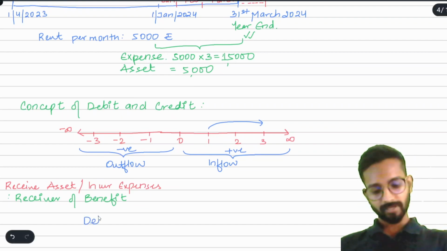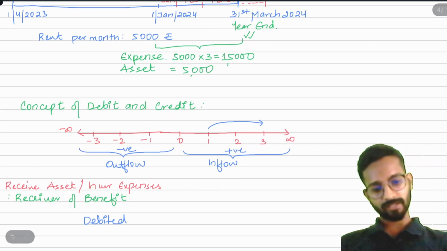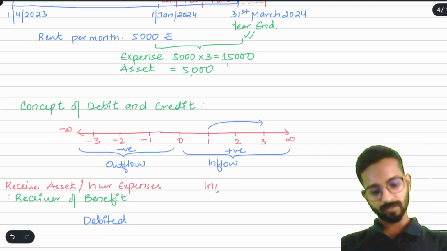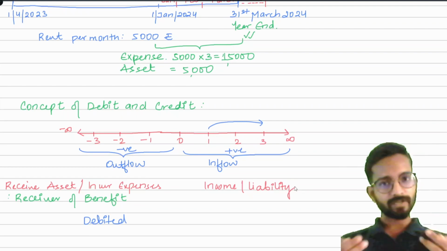Again, if there is a positive inflow of cash, it means what? This is the case for income or liability. When we are receiving the income, we are supposed to provide some benefit.